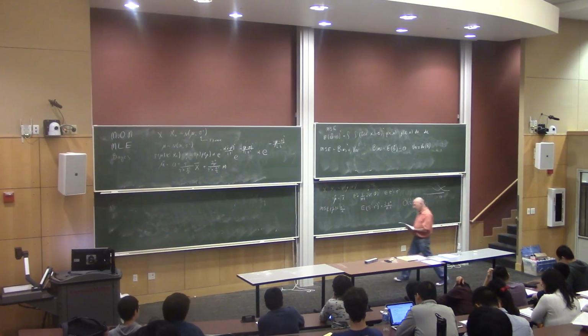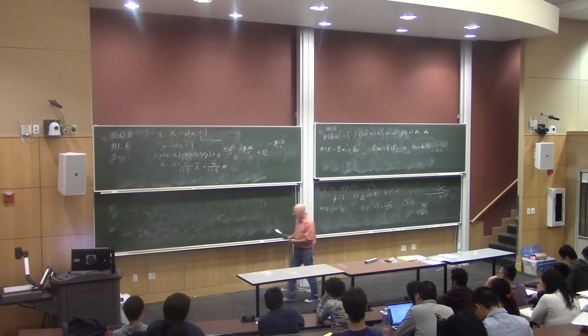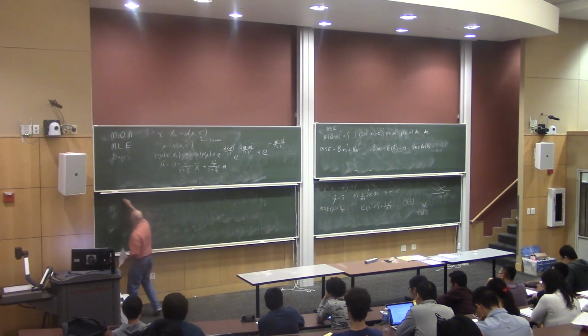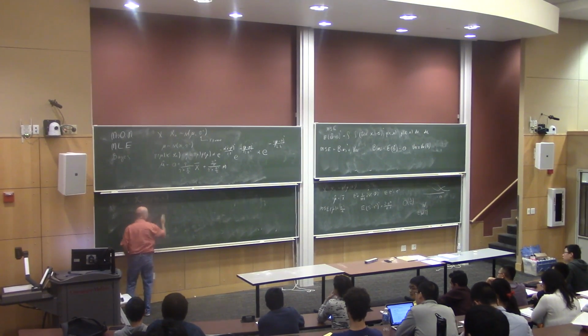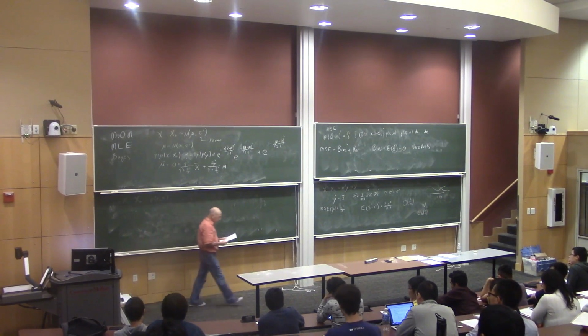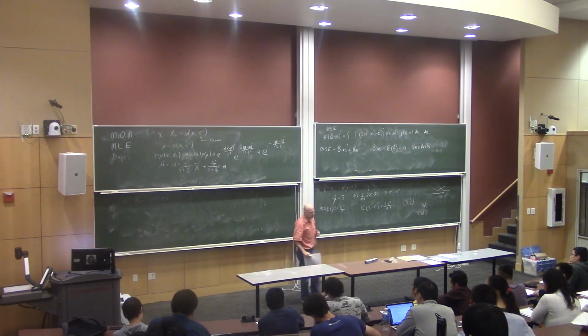So the question we have is, I have data from some distribution. I have a parameter I want to estimate. How do I even define what it means to be the best estimator?